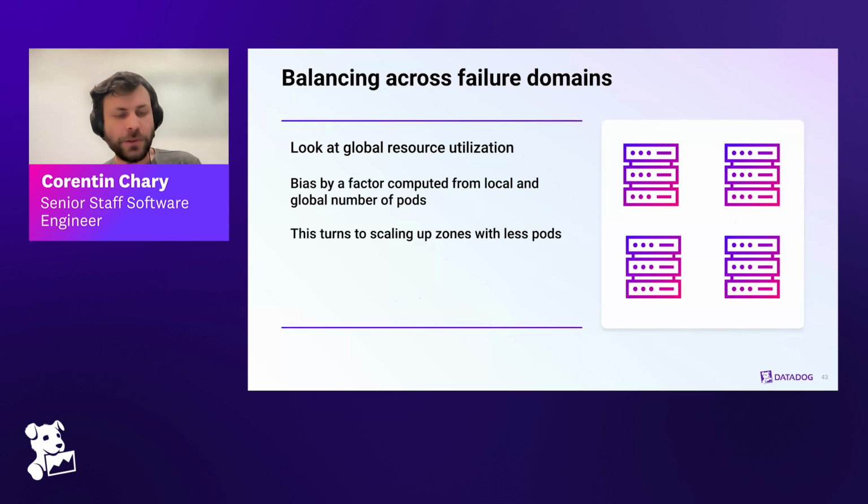You could have issues where one AZ cannot scale up anymore. The load balancer won't know, it will still send 1/3 of the traffic, and one AZ will have degraded performance. Instead, what we advise is to make the load balancer look at all the pods as a single pool, and then try to bias the way that you upscale and downscale in each of the zones by looking both at the global utilization, but also at the number of pods in the local zone and at the number of pods in the entire region.